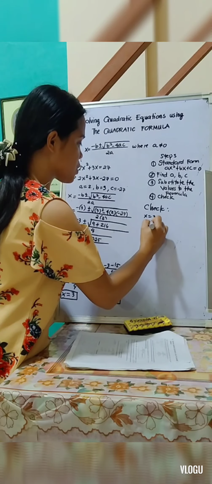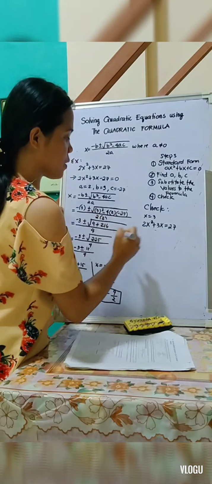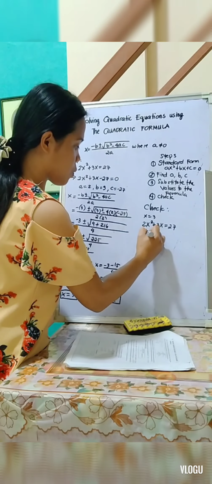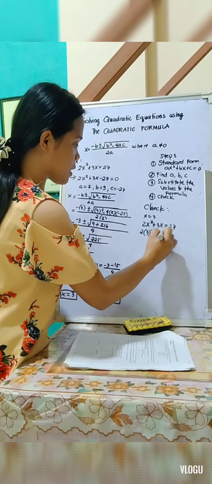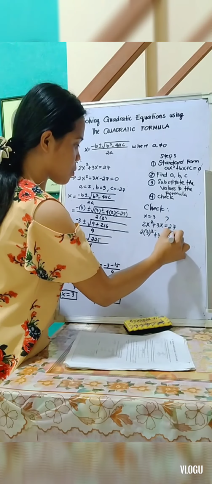So we substitute: 2 times 3 squared plus 3 times 3 equals 27. So it's a question mark.